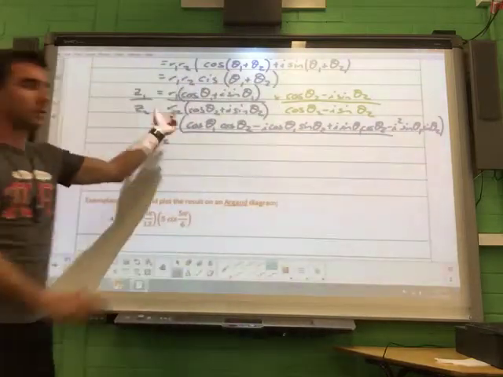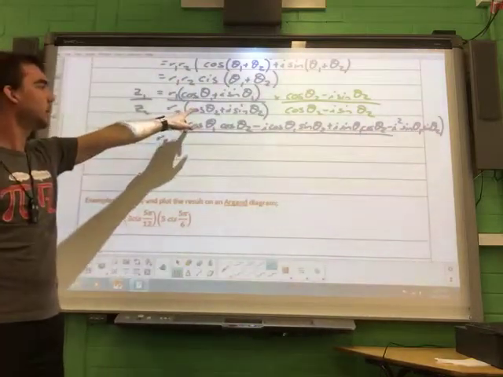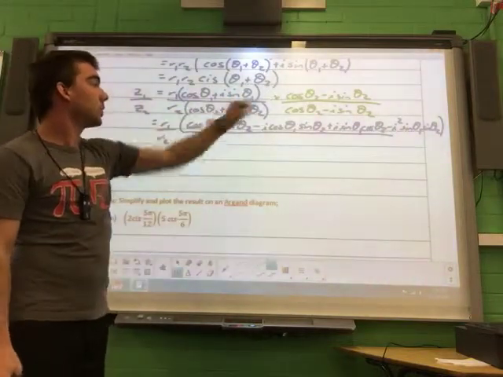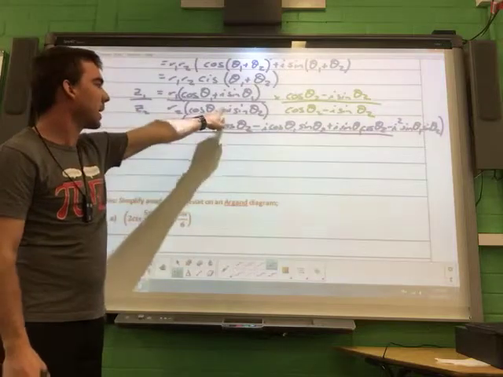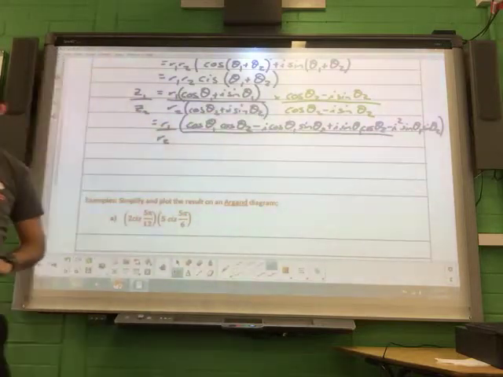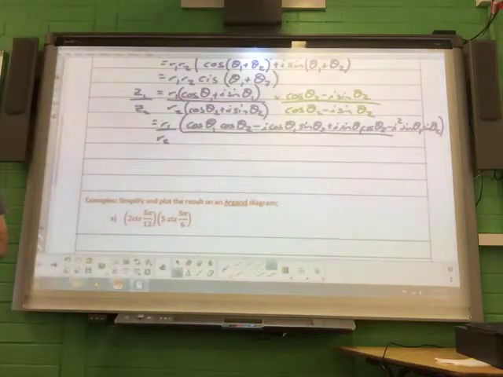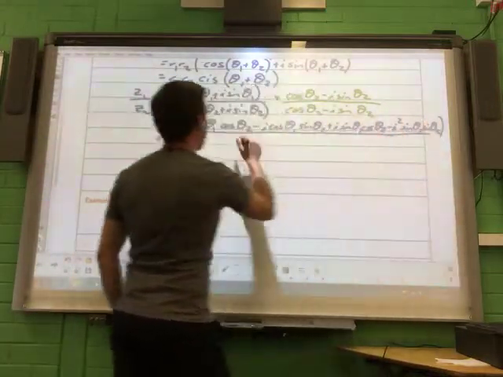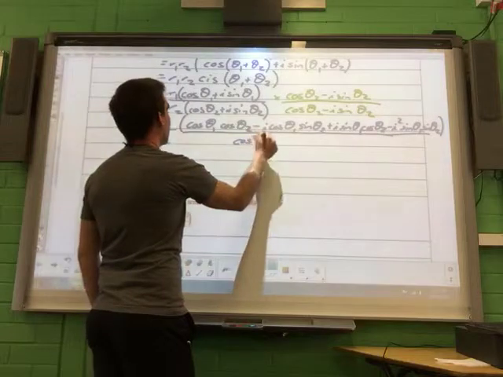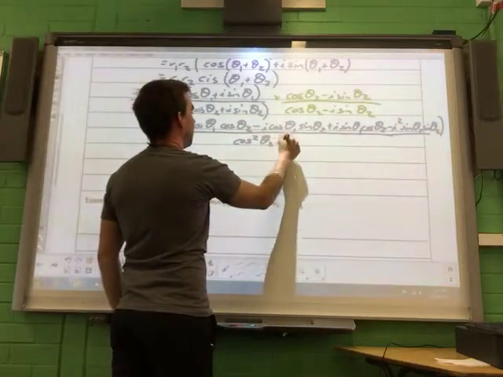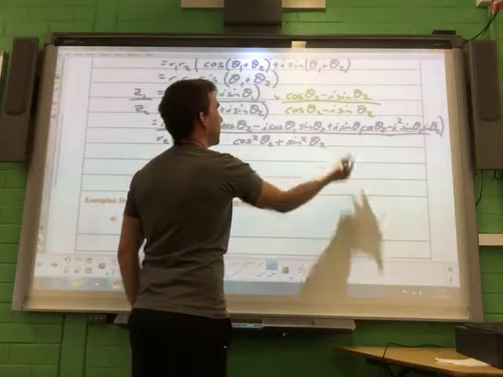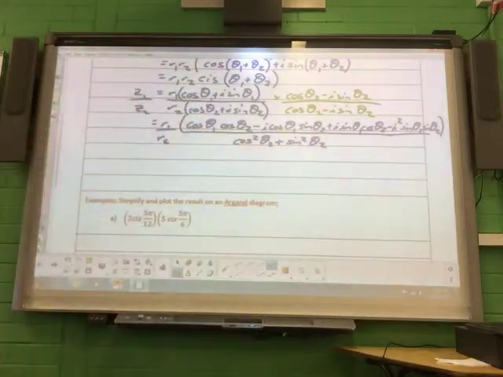So we've got the difference of two squares on the bottom, so it'll be cos squared of theta 2 take away sine squared, however we're going to have a negative 1 for the result of i squared. So when we expand it out and simplify, we're going to get cos squared of theta 2 plus sine squared of theta 2. So we just made the denominator real by multiplying by the conjugate.